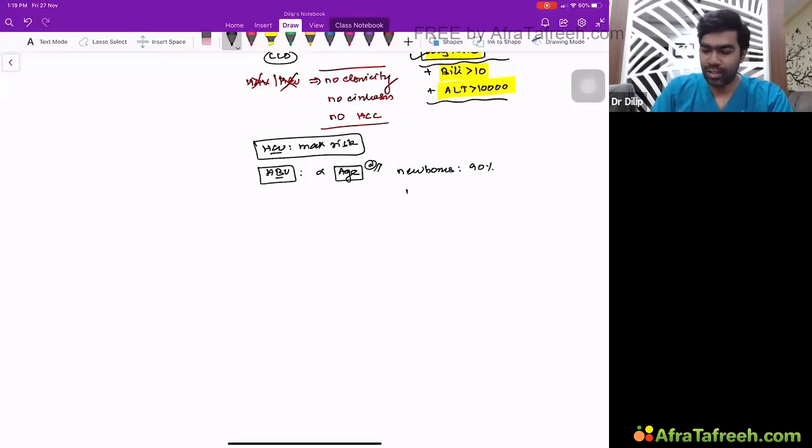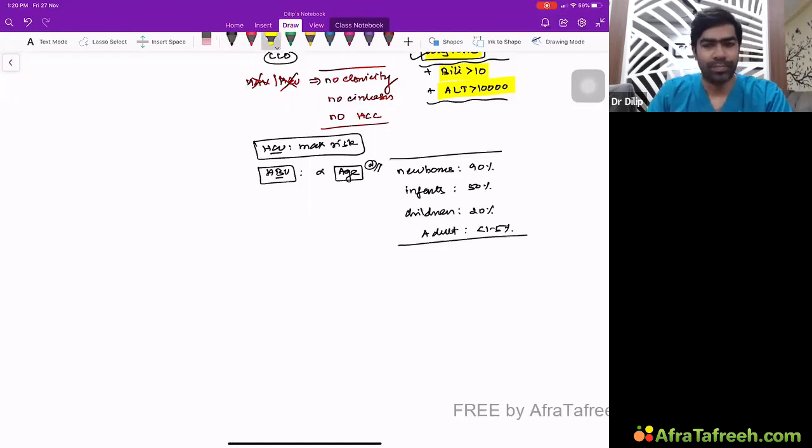If the infection is acquired in infancy, there is a 50% chance of developing chronicity. In children, the pediatric age group, not infants or newborns, there is a 20% chance of developing chronicity. If it's an adult getting a new hepatitis B infection, there is only a 1 to 5% chance of developing chronicity. Clear?